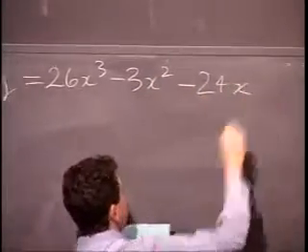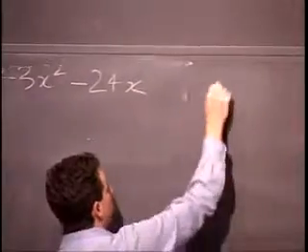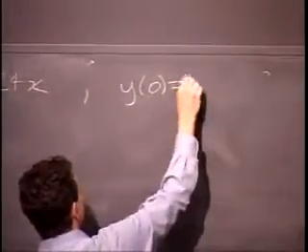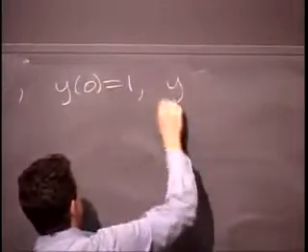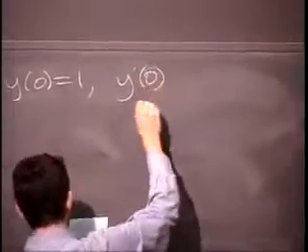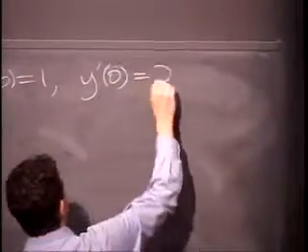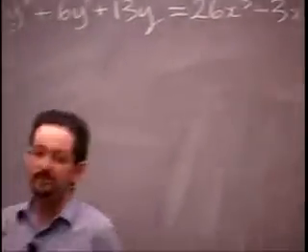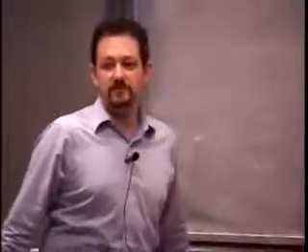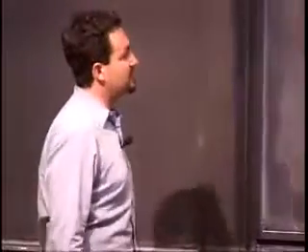So there's the differential equation. But I'm going to give you that y of 0 is 1, and because it's a second order equation, I need another condition to tie it down. Two constants, so I need two equations. The derivative of y at 0, I'm going to say, is 2. So those are the initial conditions. So that's an initial value problem.